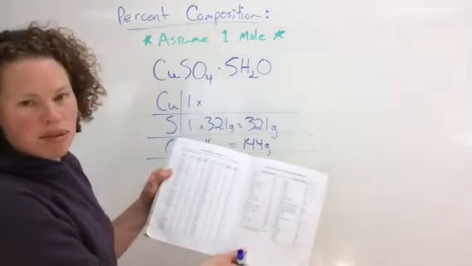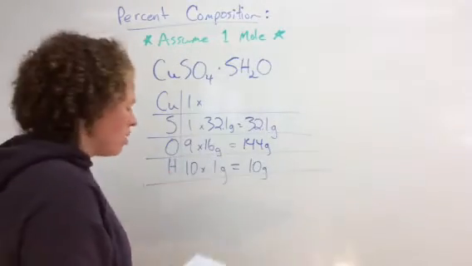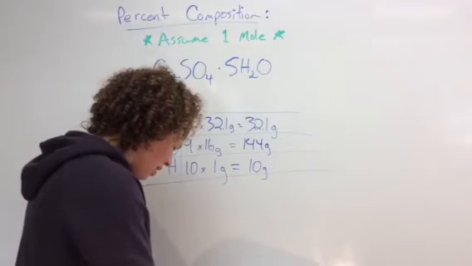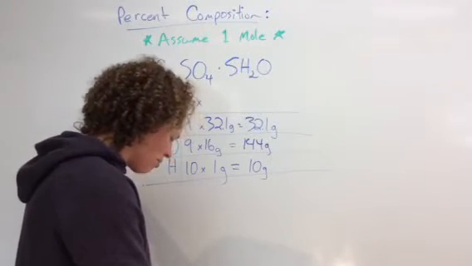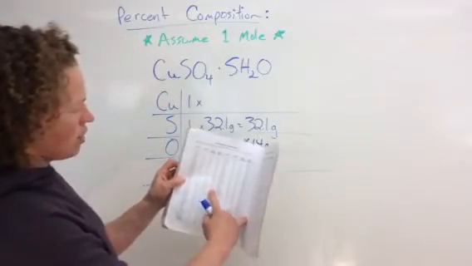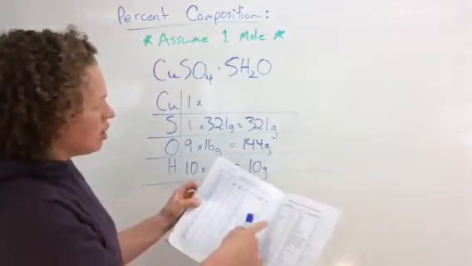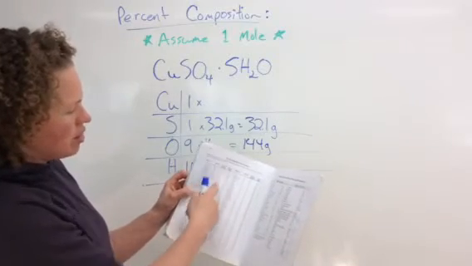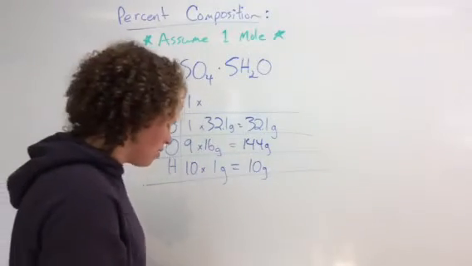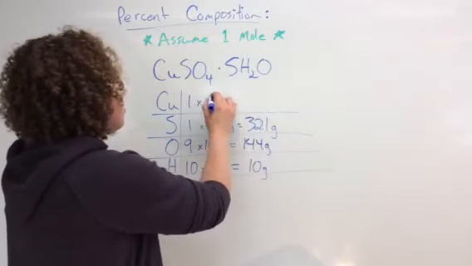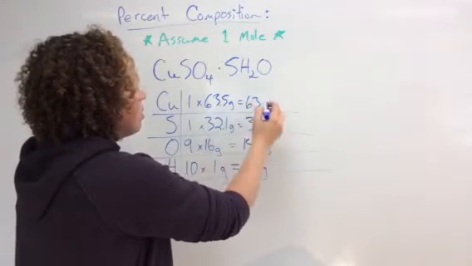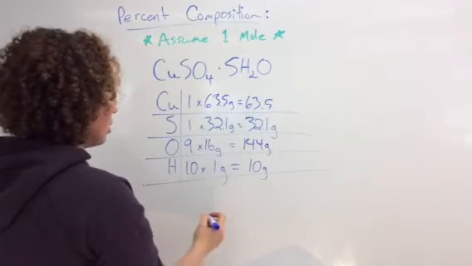It gives you them in alphabetical order so you can cheat. So I could just look up copper here without knowing where it is on the table and look at its atomic mass, which is 63.5. I know you can't see that from here, but the table is set up element, symbol, atomic number, atomic mass. So I can just use 63.5 from there. And that's all it's going to be because there's only one of it.